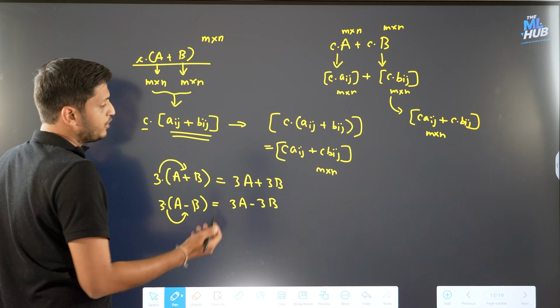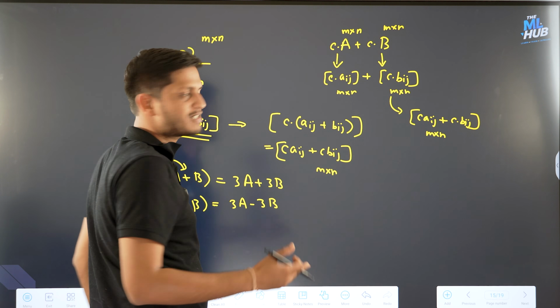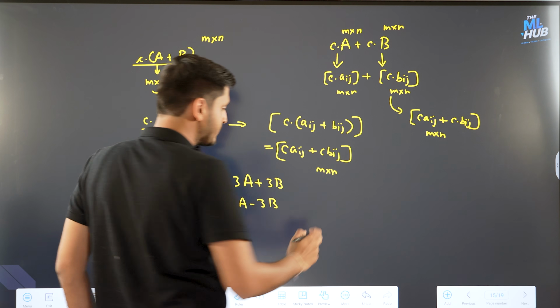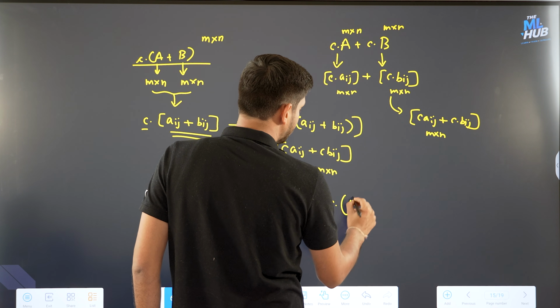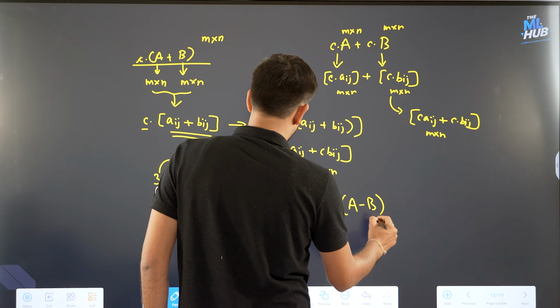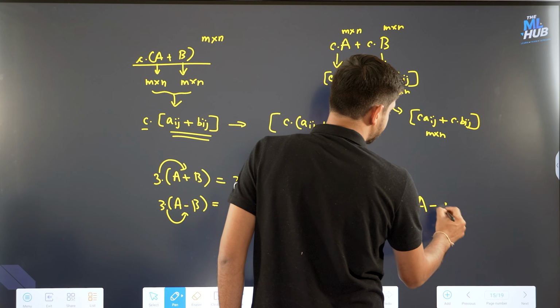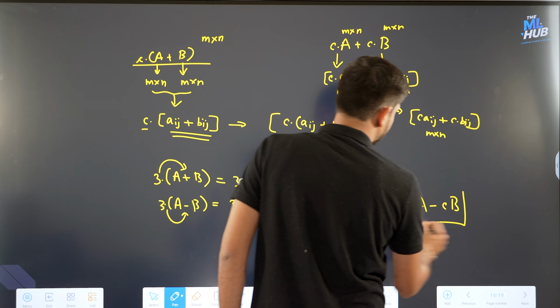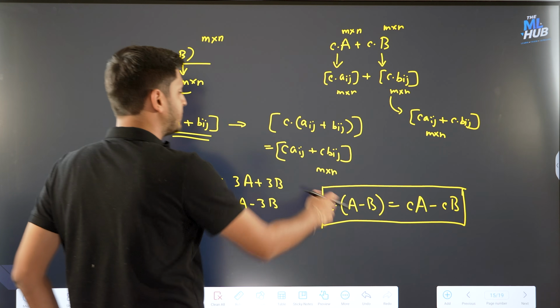So this thing you can try to prove yourself. Just like this you can prove it for subtraction as well, the exact same proof will be there. So you can write c times (A minus B) will be equal to c times A minus c times B, okay. So this thing will also hold, and the same thing for addition as well.